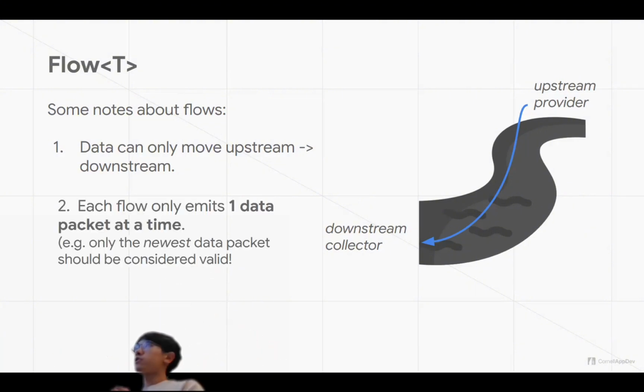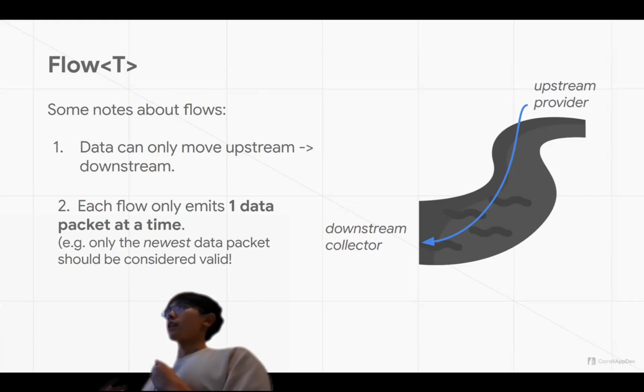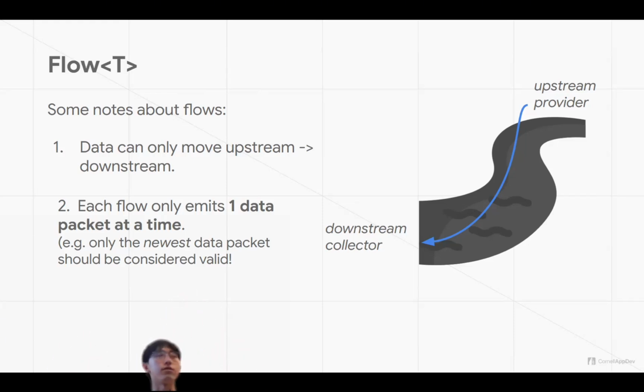Second note is, and this is pretty important, but again, it's something that you'll get just by working with flows more, and with view models and views, you'll get to understand this more conceptually. Each flow only emits one important data packet at a time, and so only the newest data packet that's sent down and being read should be considered valid, and all the other previous ones are not useful whatsoever.